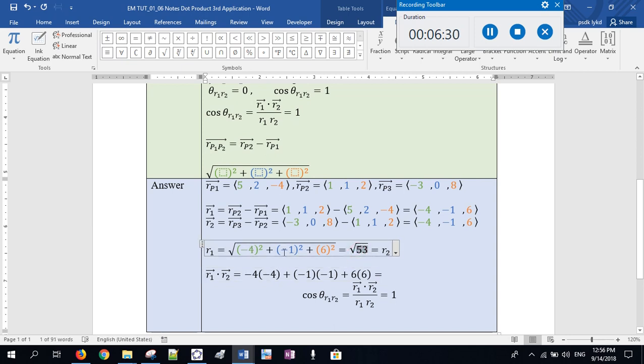It is minus 4 squared plus minus 1 squared plus 6 squared, so it is 53.